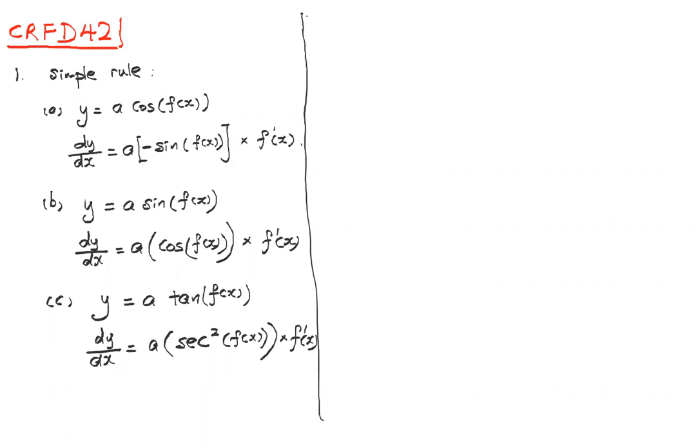Let me do this. If I have y equal to 3 tangent x, okay, for example. I know that tangent x is sin x over cos x, correct? So that is the relationship that you have to know.